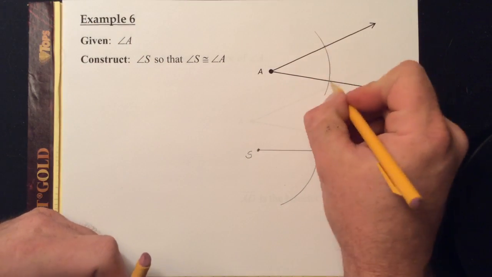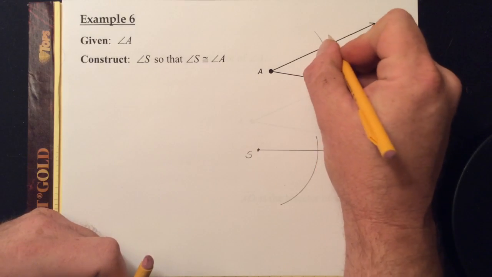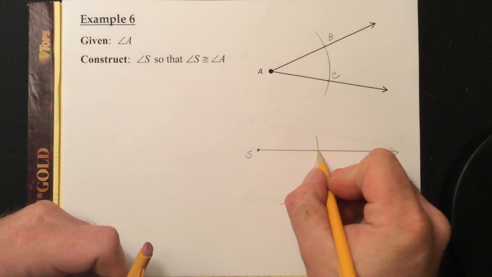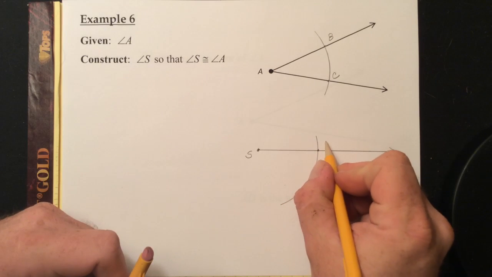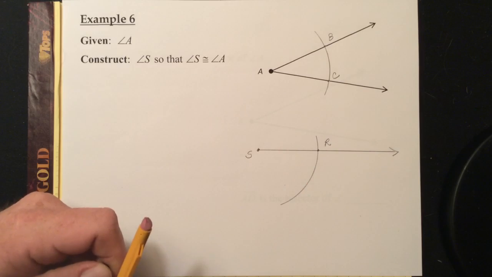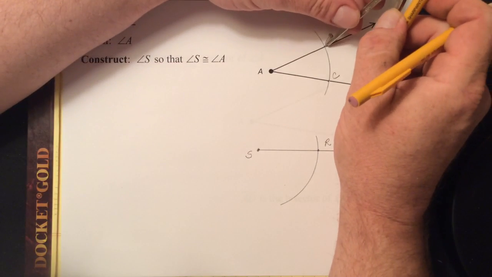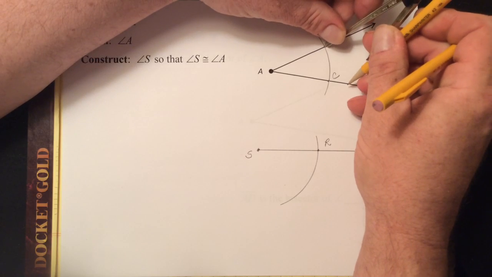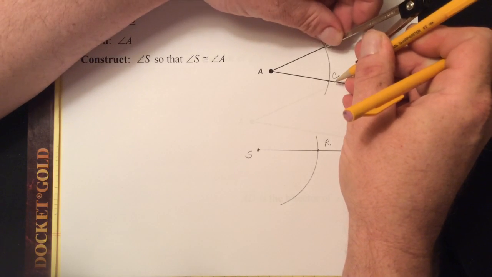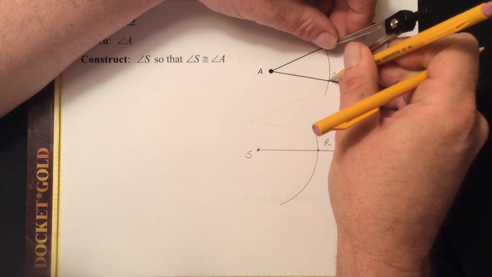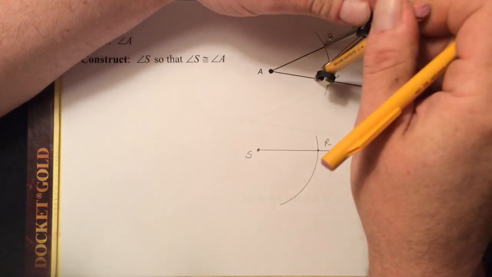Call these two intersection points on angle A points B and C, and call this new intersection point on ray SR, point R. Now take your compass, come back to point C, and adjust your compass to the length between B and C, those two intersection points. Very carefully, the accuracy is important here.